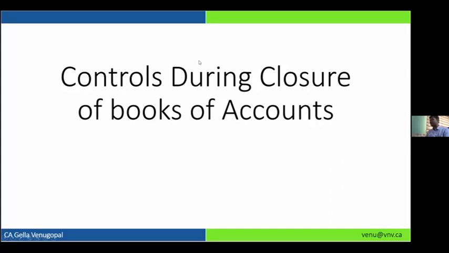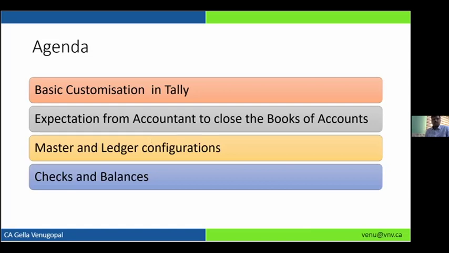Great. All right. So what are the controls during the closure of the books of accounts that one needs to look at? What I intend to cover is the basic configurations which we need to do in Tally, and what are the expectations we have from accountants to close the books of accounts.